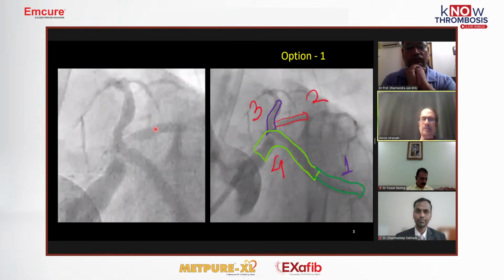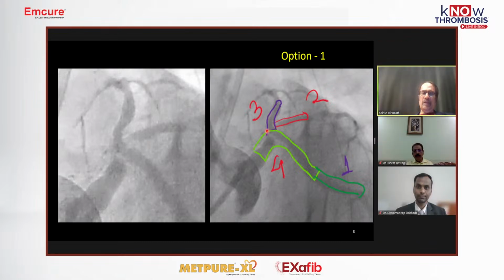So what were the options? We thought the first stent would come somewhere here. The second stent would be to the diagonal. Third would be in LAD, and fourth would be left main to circumflex. Most of us like to stent left main to LAD, but in this case, the circumflex was a dominant vessel.